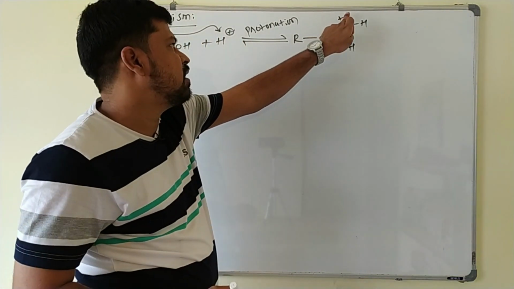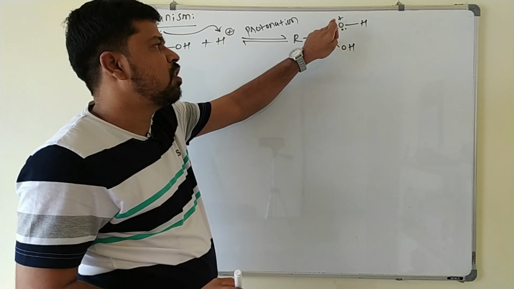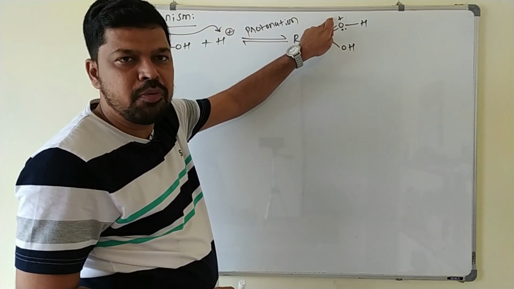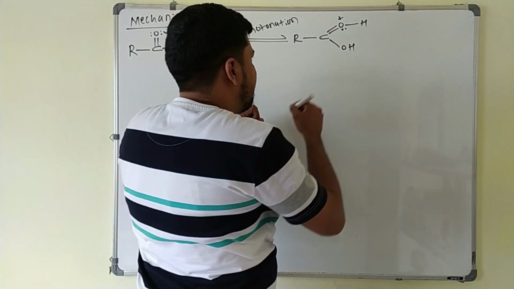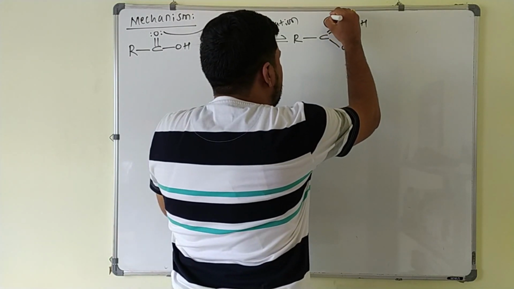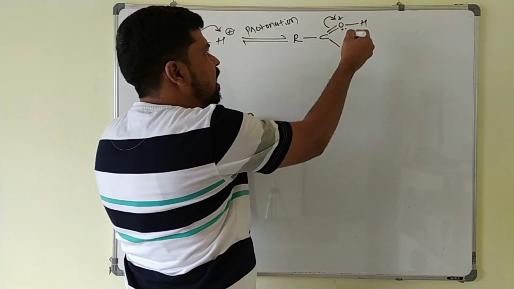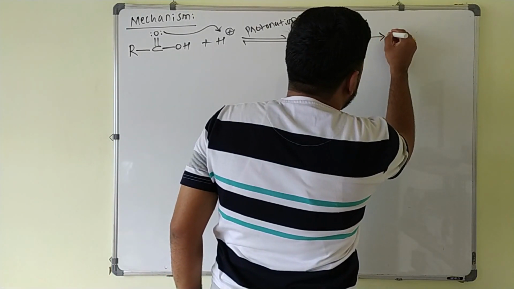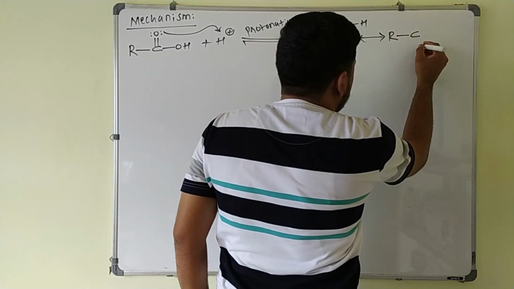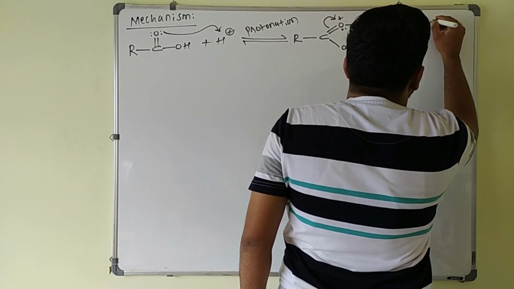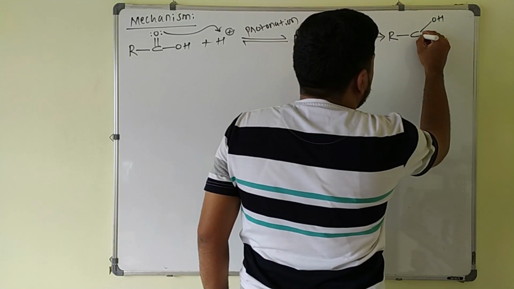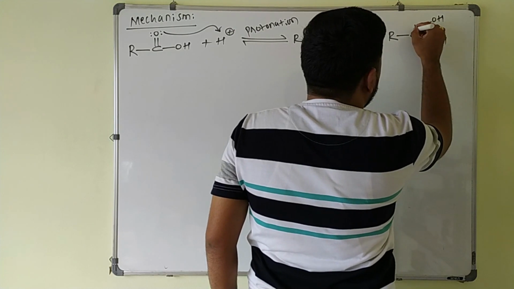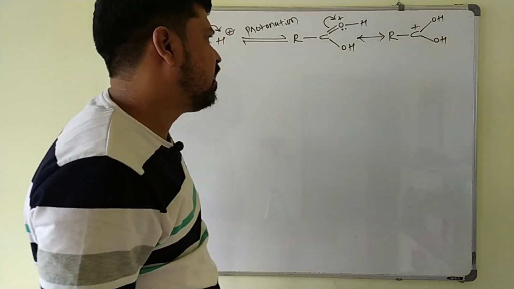Now this oxygen having positive charge is unstable, because oxygen being electronegative, it cannot have a positive charge. So readily it takes the pi electrons that are available to it. So pi electrons are transferred towards oxygen. So this can be equivalently written as R C, with a single bond OH, and again a single bond OH, and you will get a positive charge on the carbon.